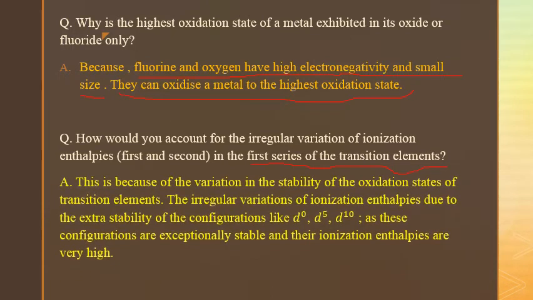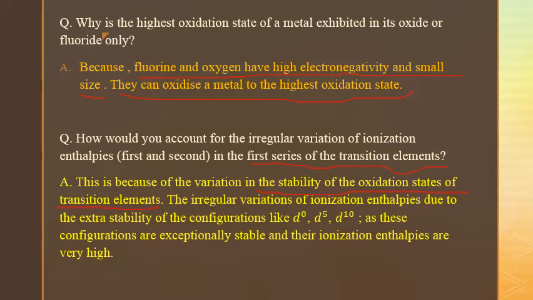So the answer will be, this is because of the variation in the stability of oxidation states of the transition elements. जो irregular trend है ionization enthalpy का, वो है क्योंकि जो ऑक्सीडेशन स्टेट की जो स्टेबिलिटी है उनमें वेरिएशन है.